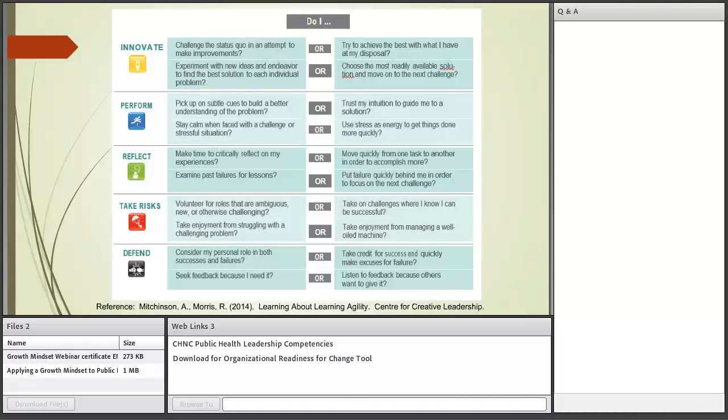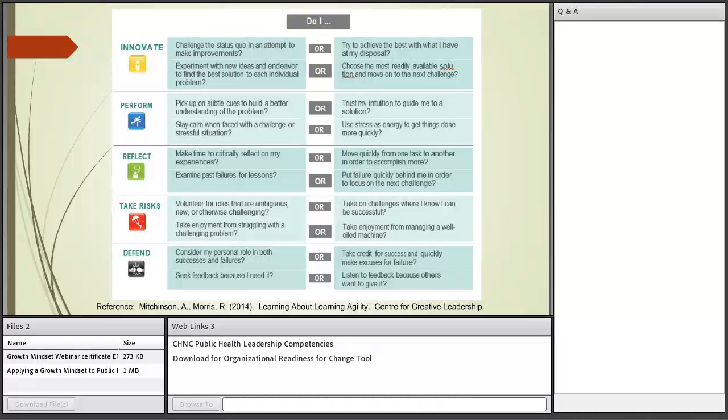Underneath it on the second row, perform. The third row, reflect. The fourth row, take risks. And then defend on the last row.